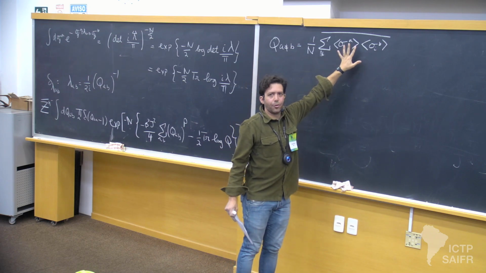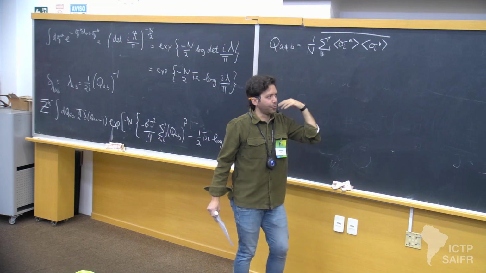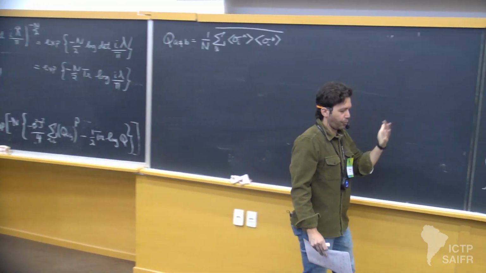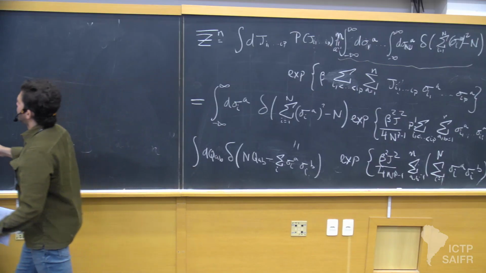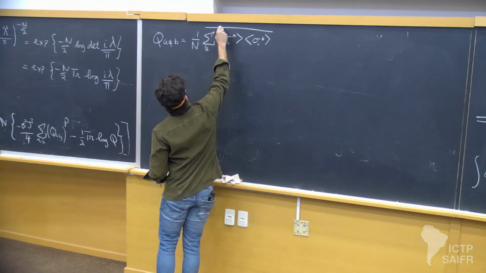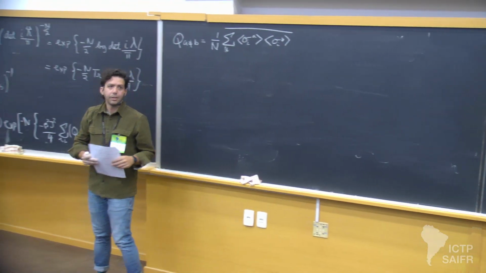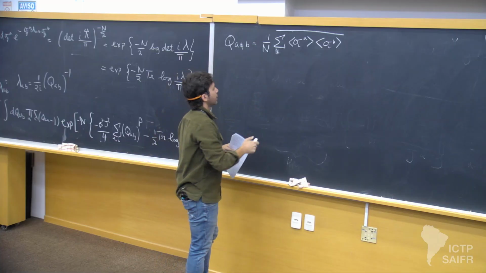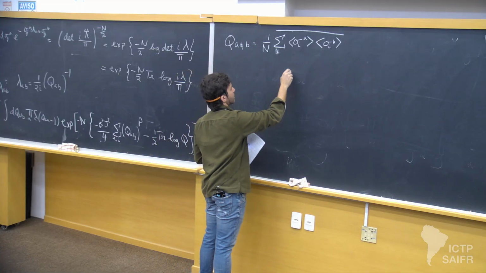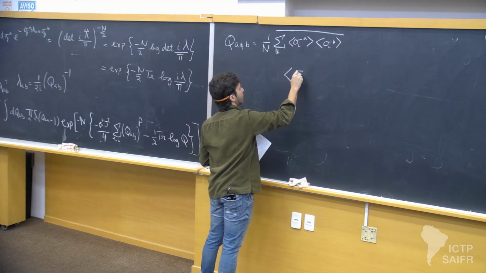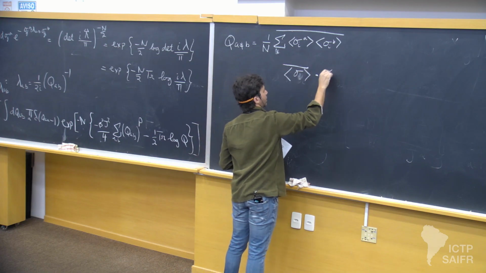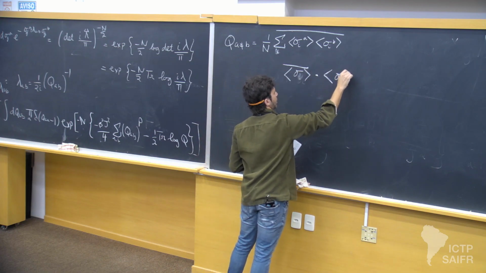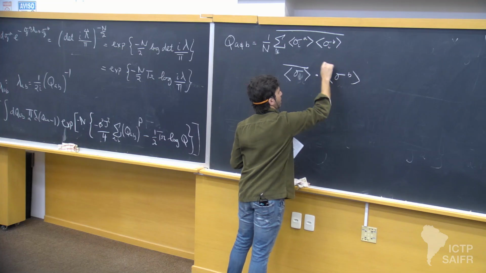But the reason that we're getting something for nothing is that we're also doing this disorder average. So this disorder average is not the same as computing separate.